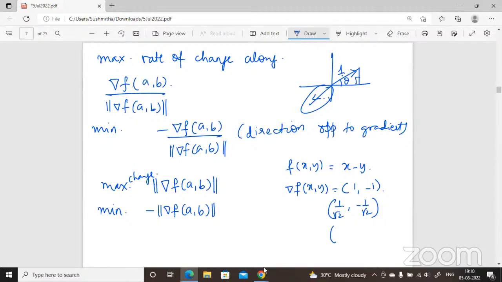Minus of this, minus 1 by root 2 comma 1 by root 2. And what is the maximum change? The norm, root 2. And the minimum change is minus root 2, the minus of that. Here you have taken the gradient. It is just the coefficients of x and y. No, it's fx and fy. This is the gradient.